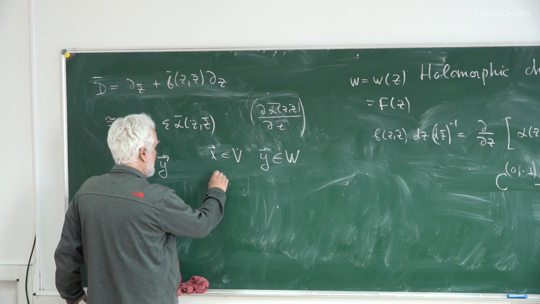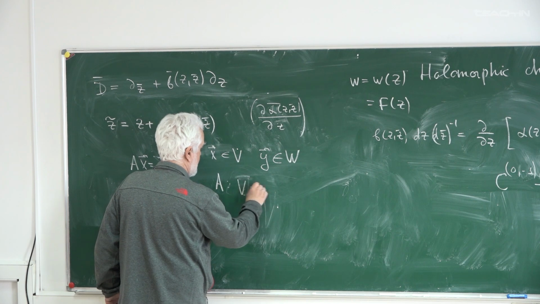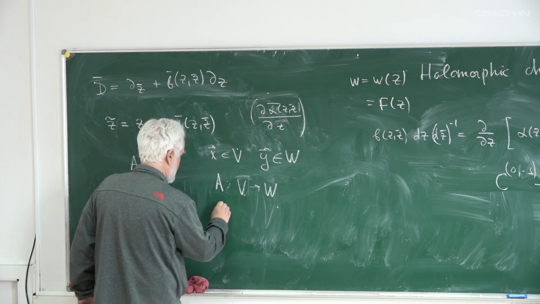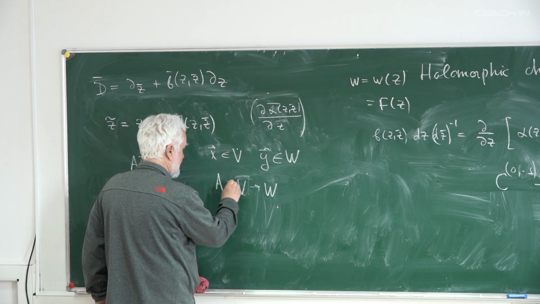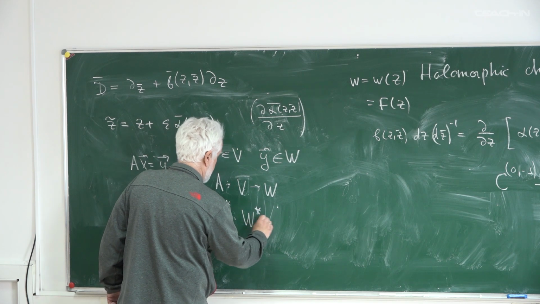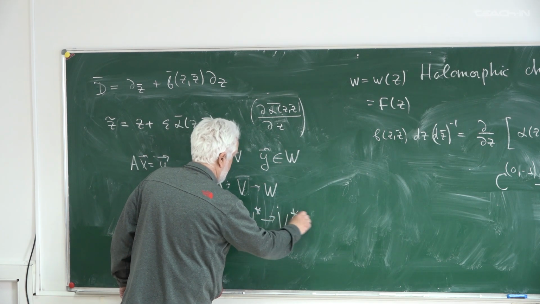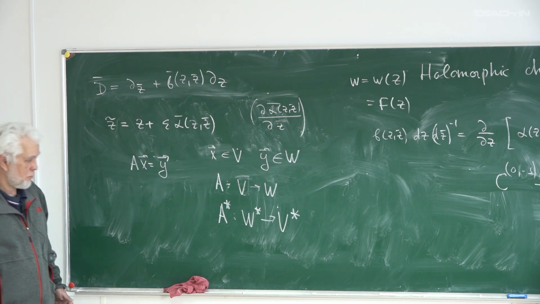So A maps V to W, and the adjoint operator A star maps W to V. You remember the definition of the adjoint operator.